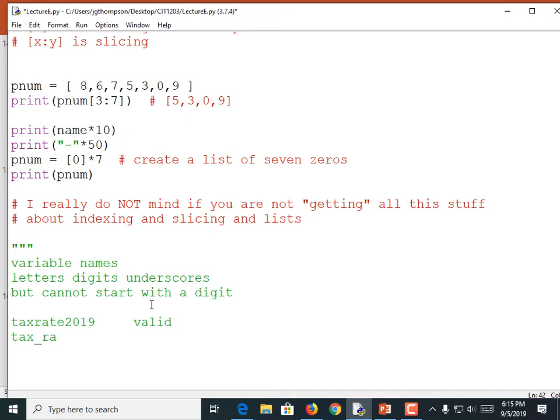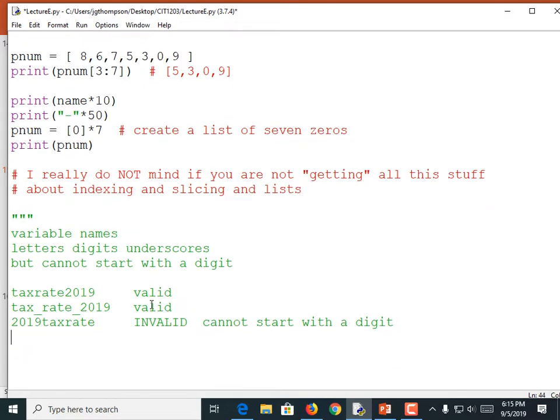Tax underscore rate underscore 2019, that's valid. 2019 tax rate, that's invalid. Can't start with a digit. Cannot start with a digit. No spaces, right? Letters, digits, and underscores. So tax space rate is invalid.